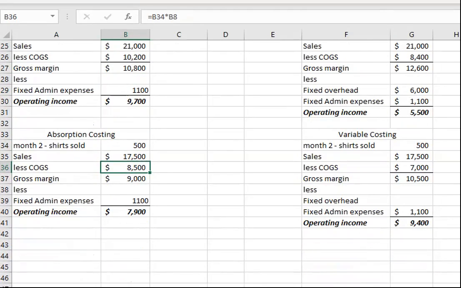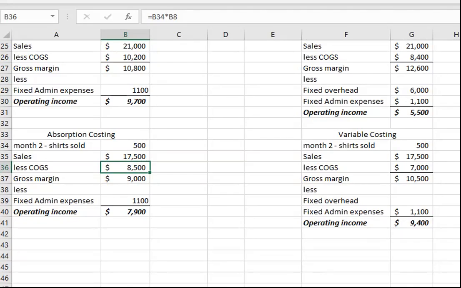And one thing with GAAP, and it deals with the accrual method of accounting, which GAAP is a proponent of, is recognizing the expenses in the same period as your revenue. So if you have a sale, you want to recognize the expenses in that same period your revenue is recognized.